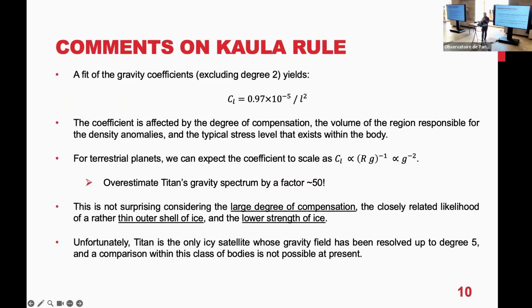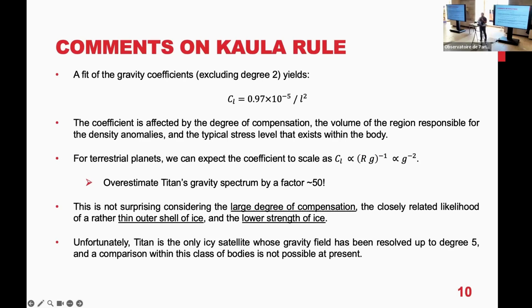So the Kaula rule, as I said, is an empirical power law which describes pretty well the power spectra of terrestrial planets. It has been observed on the Earth, on the Moon, on Mars, Venus, etc. As I said, it's just a coefficient divided by the degree to the power of 2.